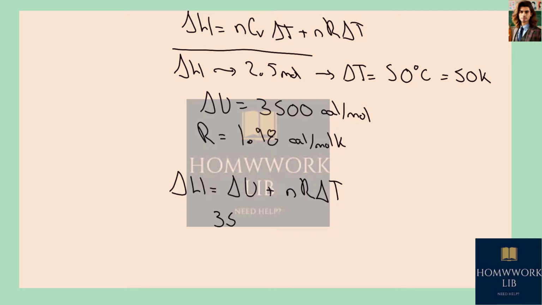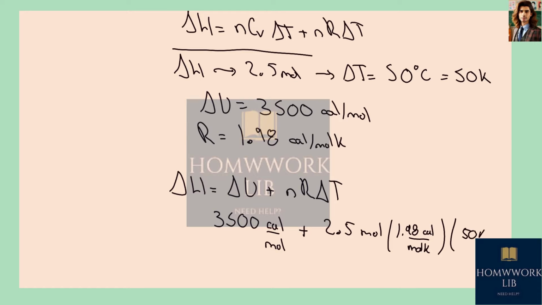This becomes 3,500 calories per mole plus 2.5 mole multiplied by R, which is 1.98 calories per mole Kelvin, multiplied by delta T, which is 50 Kelvin. Mole and mole cancel out, Kelvin and Kelvin cancel out, and the change of internal energy we need to multiply by the number of mole as well to have the value for the whole process, not as a molar quantity.